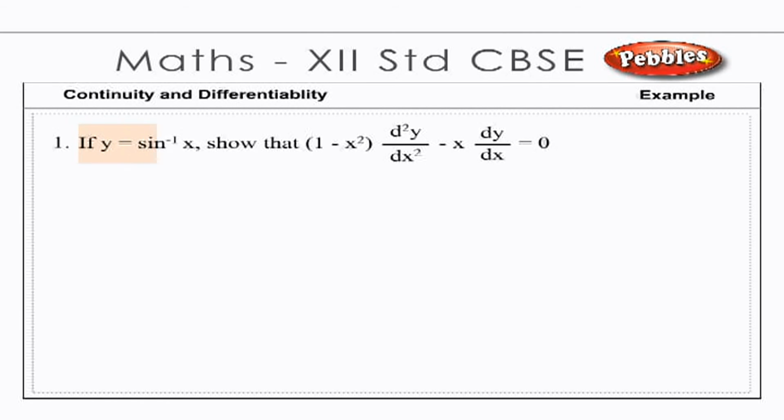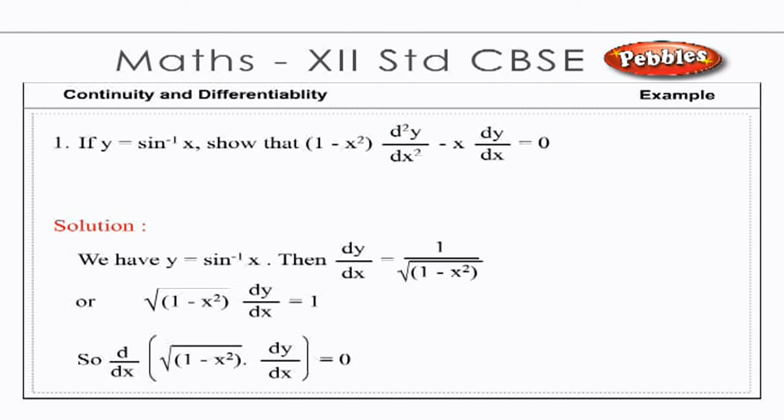If y = sin⁻¹x, show that (1 - x²) d²y/dx² - x dy/dx = 0. Solution. We have y = sin⁻¹x. Then dy/dx = 1/√(1 - x²), or √(1 - x²) dy/dx = 1.